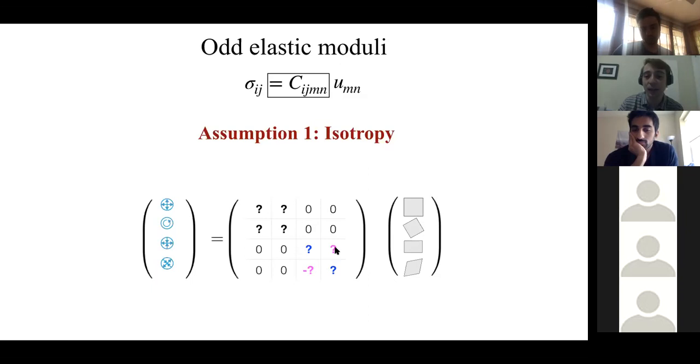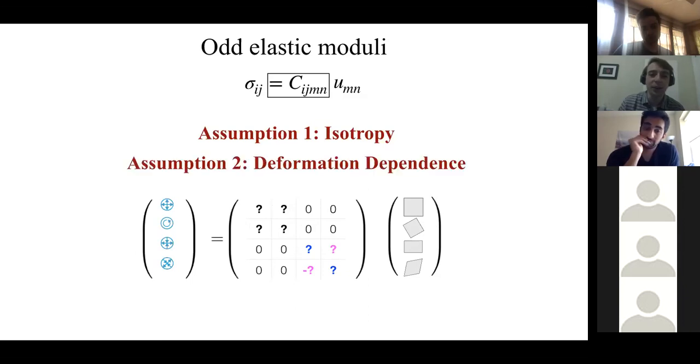So the 2 pink question marks must be the same, and the 2 blue question marks must be the same, whereas these 4 black question marks could all be independent. Now let's make a second assumption that you'll only really respond to deformation, so change in shape. So that excludes rotation. So not coupling to rotations means that this column must be 0. And voila, we've gone from having 16 question marks down to merely 4.